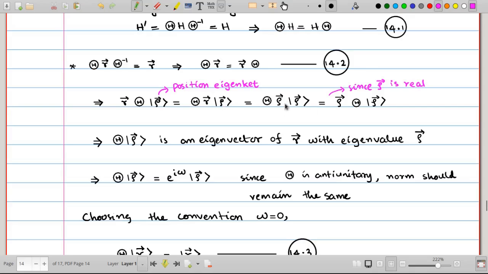Now rho is a real number and theta is an anti-unitary operator, but since rho is real, it can be taken to the right because rho star is rho. So we get rho times theta acting on rho. That means r acting on theta rho is the same as rho times theta rho. In other words, theta rho is also a position eigenvector with the same eigenvalue rho.